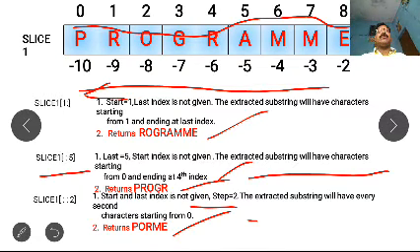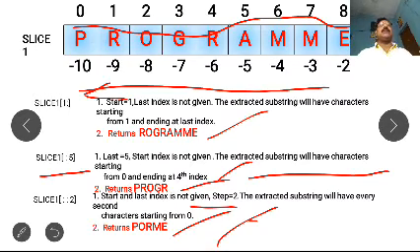Starting from 0 at 2 steps, if you count, this will come: PORME. So we will get this substring if we execute this. Okay.